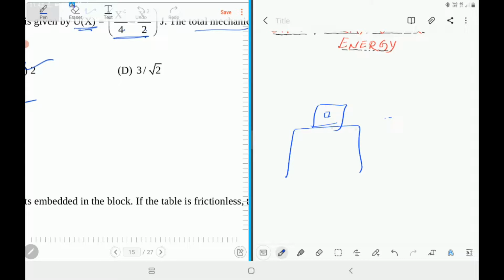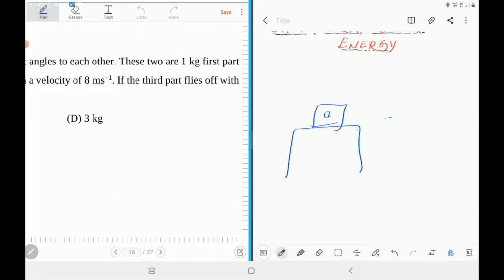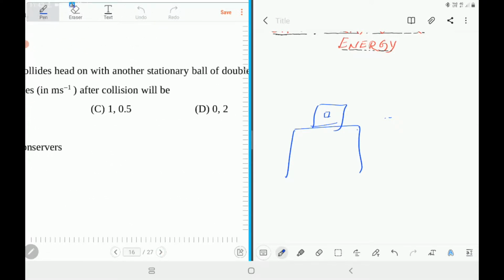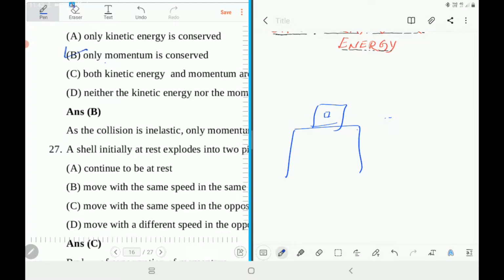There is no friction between table and block, but there is friction between bullet and block. That's why energy is not conserved. Only momentum is conserved. In all actions you have learned in physics, momentum is always conserved. So momentum conserved is the option.